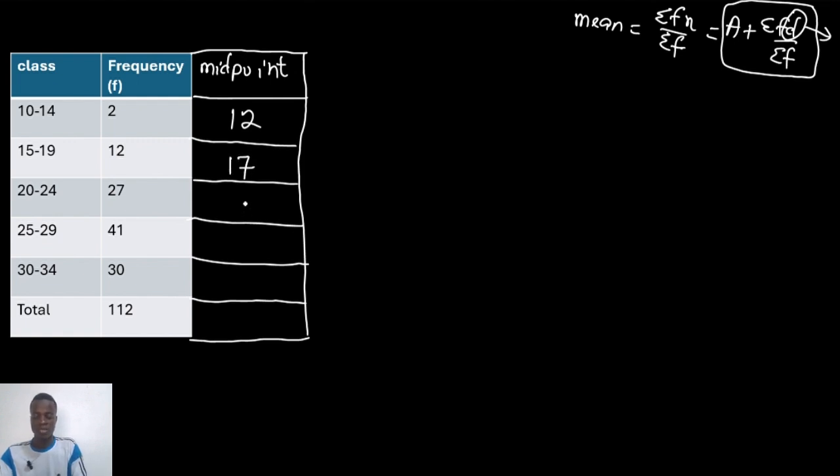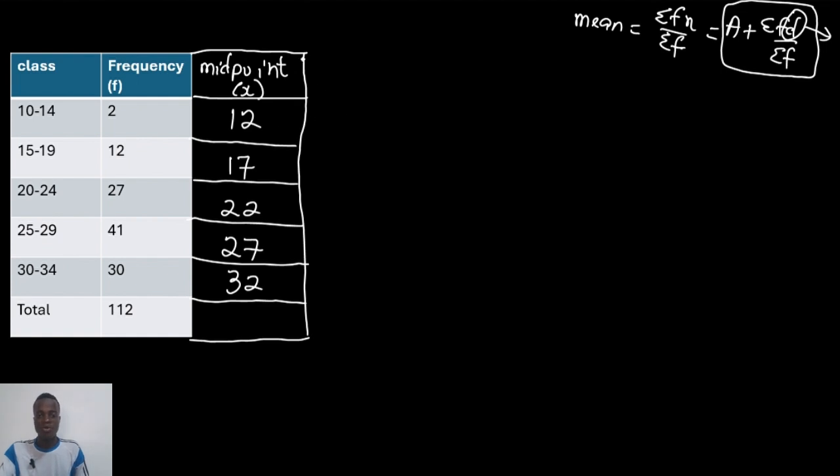Let's continue. 20 plus 24 divided by 2, we have 22. It's as if we are adding 5 each time. 25 plus 29 divided by 2, we have 27. The last one, 30 plus 34 divided by 2, we have 32. So we have our midpoints, and our midpoint is basically our x.